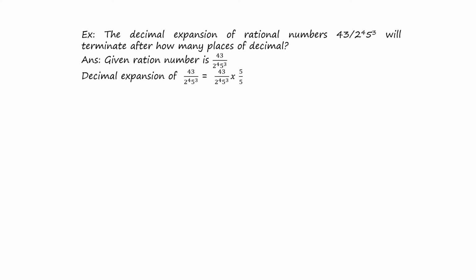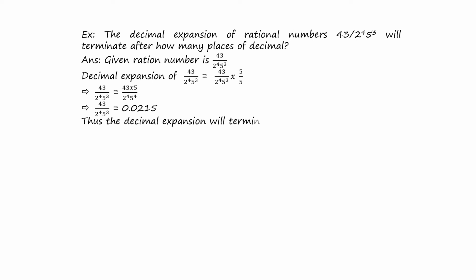That means we are multiplying 5 in both numerator and denominator, so it can be written as 43 into 5 divided by 2 to the power 4 into 5 to the power 4, which equals 0.0215. That means after the decimal we are getting 4 digits. Thus the decimal expansion will terminate after 4 places.